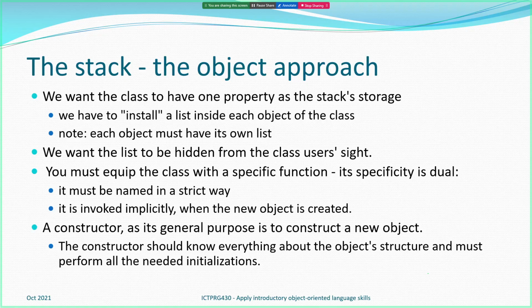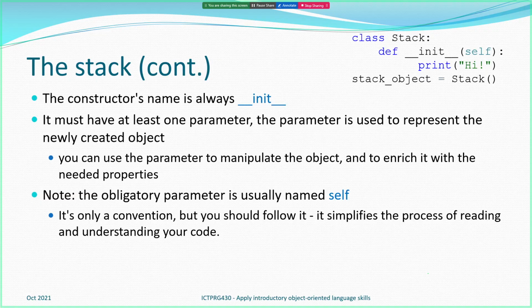This is known as a constructor, and the purpose of a constructor is to construct our new objects. It needs to know everything about the object. So how does this work? Well, we define it with a specific name, which is double underscore init double underscore.